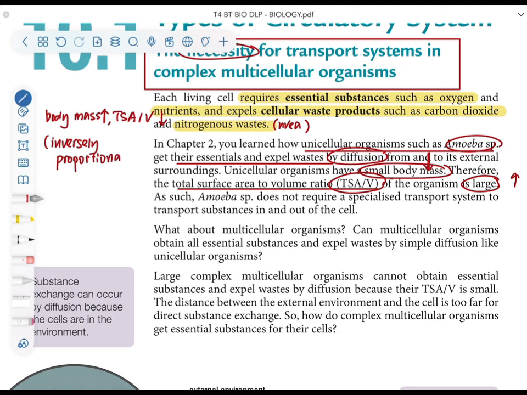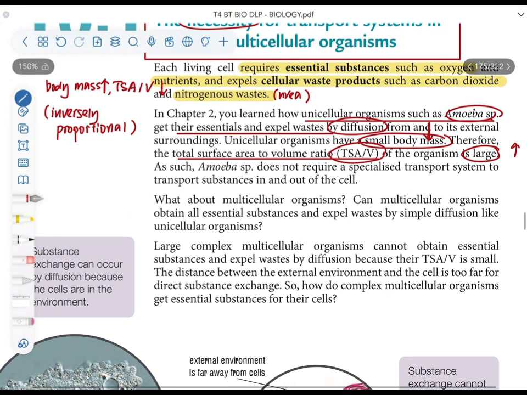When the body mass is very small, the TSA per V ratio gets higher, or larger. That's why amoeba species do not require a special transport system: they have a very small body mass, or a very large TSA per V ratio. Therefore, nutrients can easily get into the body of the amoeba and paramecium species.